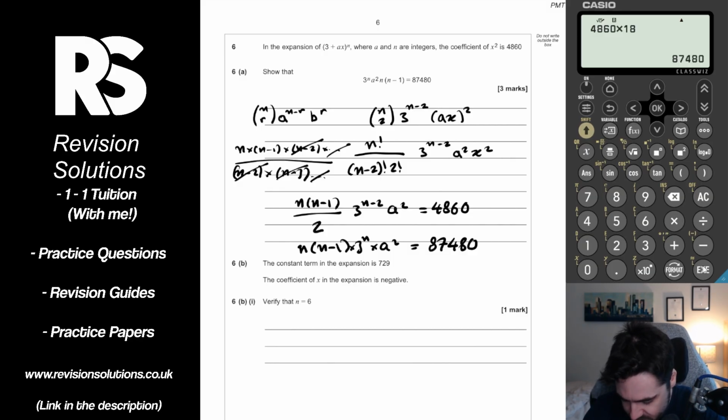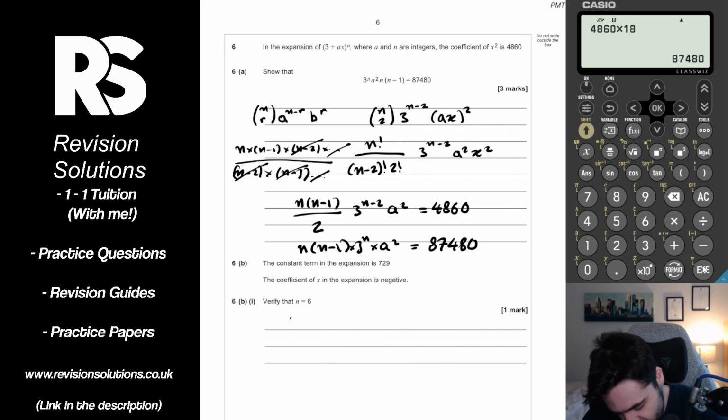Okay, then it says the constant term in the expansion is 729. The coefficient of x in the expansion is negative. So that's two pieces of information. The 729, that will just come from the first term, which would just be 3 all to the n.